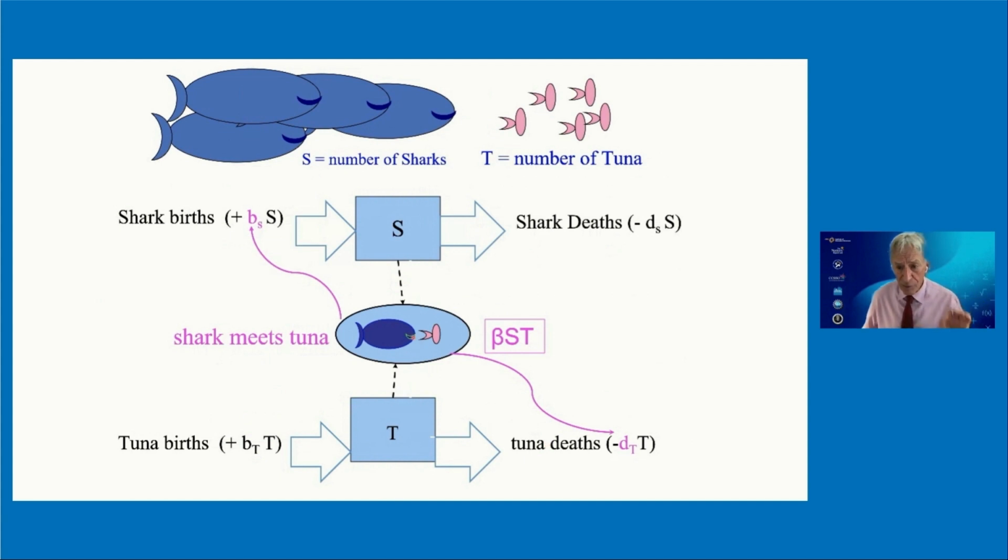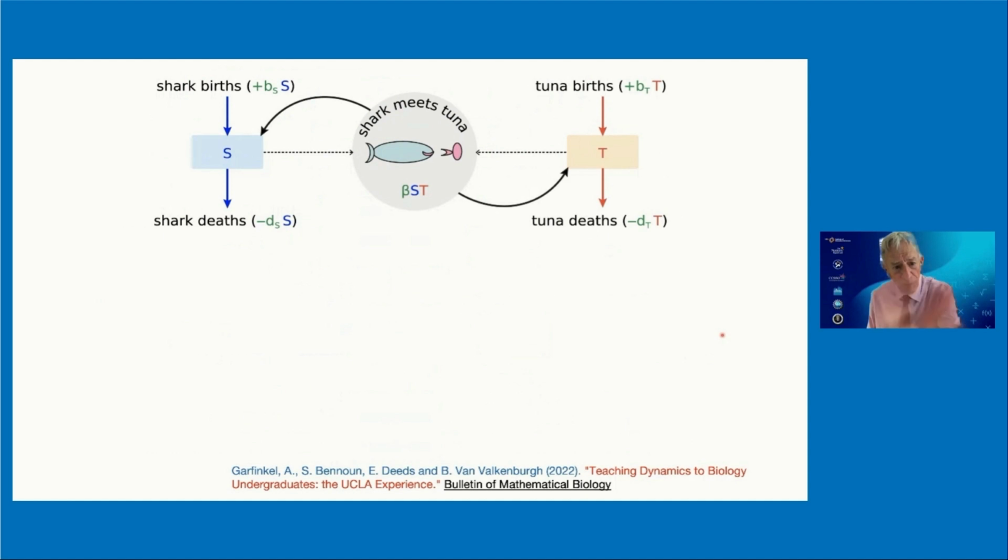And then the all-important shark meets tuna term, which accrues to the benefit of the sharks and to the deficit of the tuna. So we have these terms, and we collect them all into a boxes and arrows diagram.